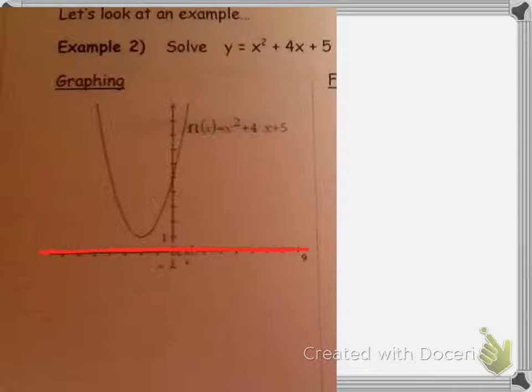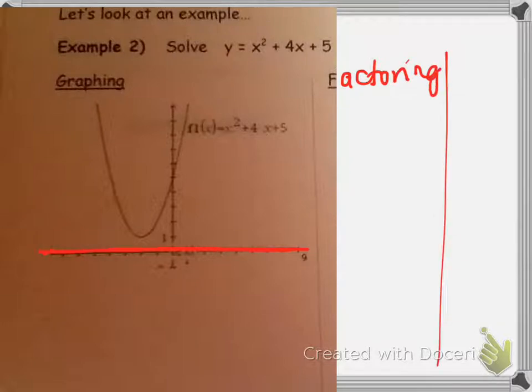Well, you'll see in the next one here, it says factoring. I cut it off, but it says factoring. If there's no x-intercepts, I should take a note here.